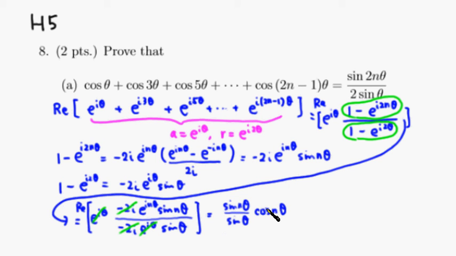Then I'm going to multiply top and bottom by 2. The reason is that 2 sine of n theta cosine of n theta will be sine of 2n theta, using a trig identity.